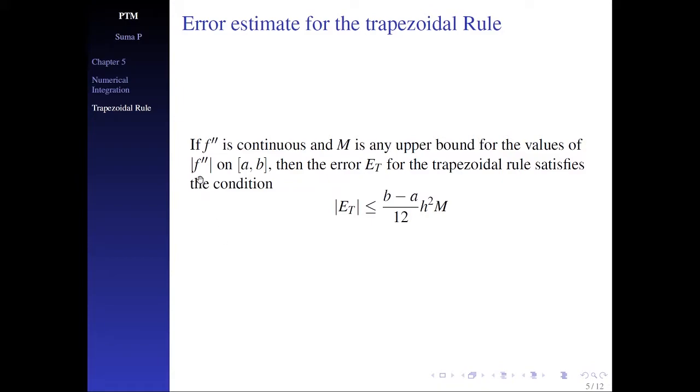Find f dash and f double dash, and if we put the values from a to b in f double dash, whatever the maximum or upper bound is, that number is taken as M. So the error formula is: modulus of ET is less than or equal to (b minus a) by 12 into h square into M.